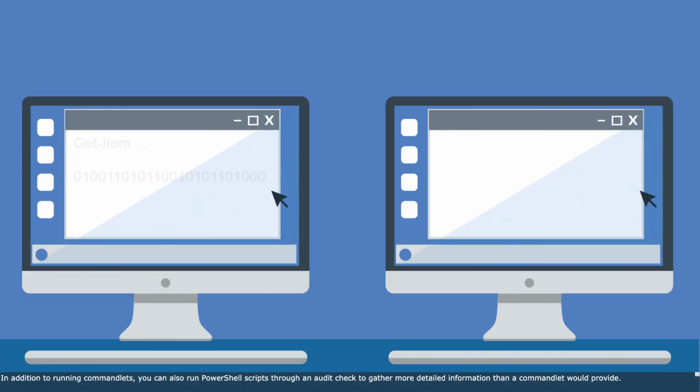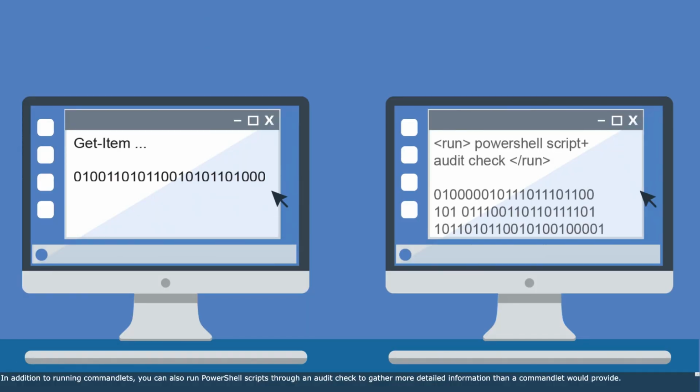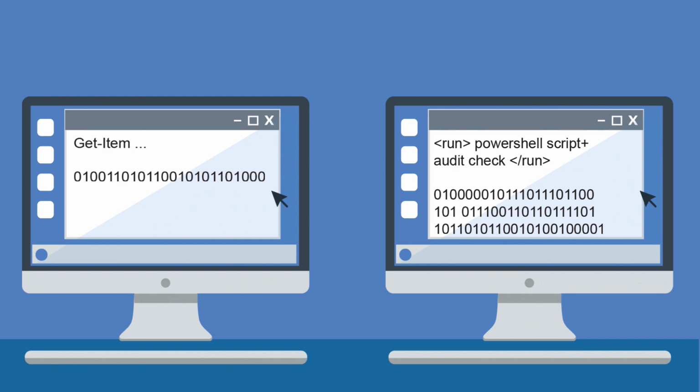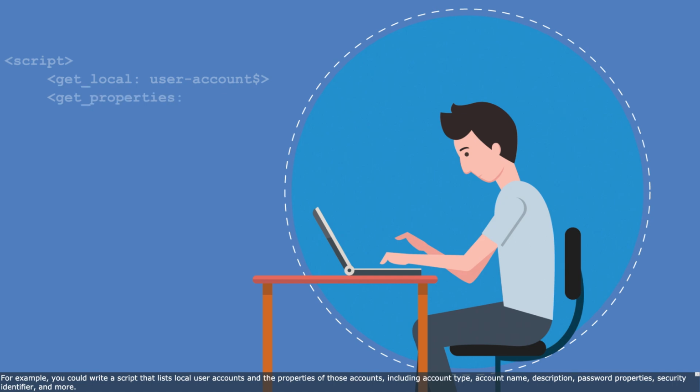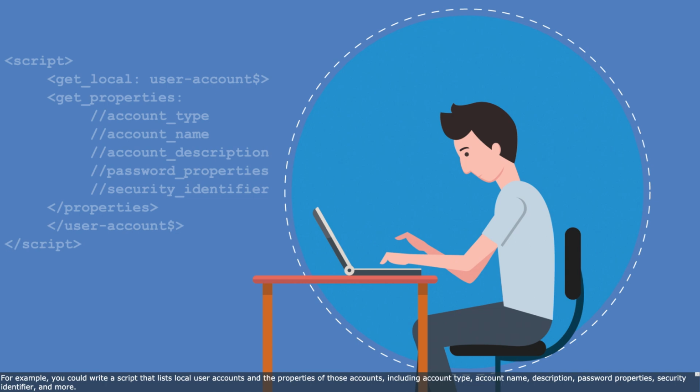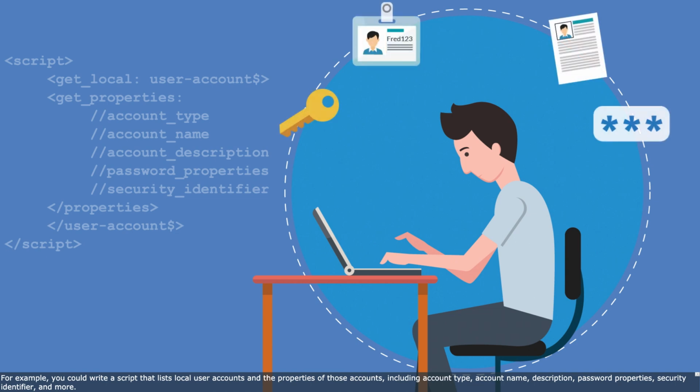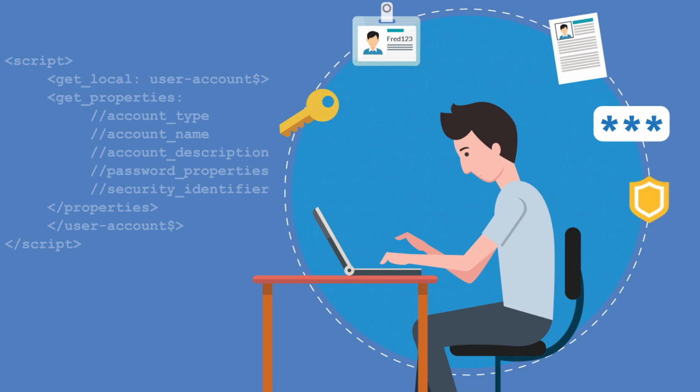In addition to running commandlets, you can also run PowerShell scripts through an audit check to gather more detailed information than a commandlet would provide. For example, you could write a script that lists local user accounts and the properties of those accounts, including account type, account name, description, password properties, security identifier, and more.